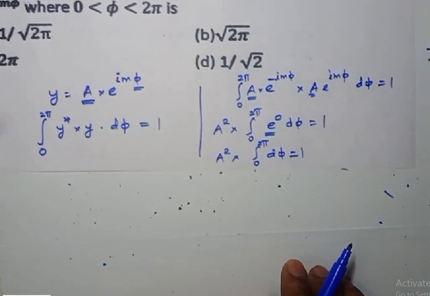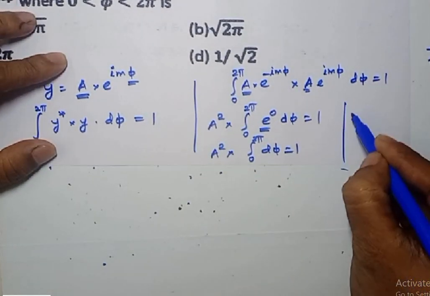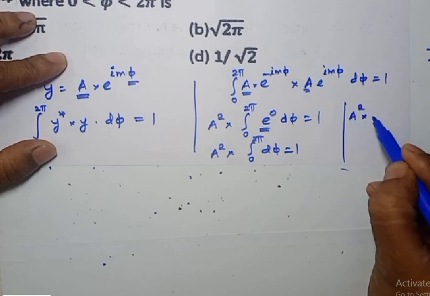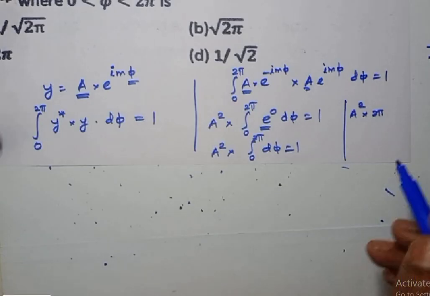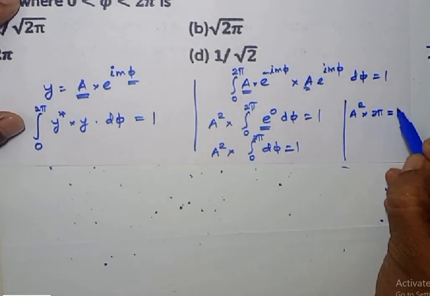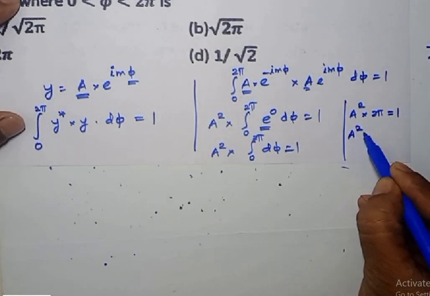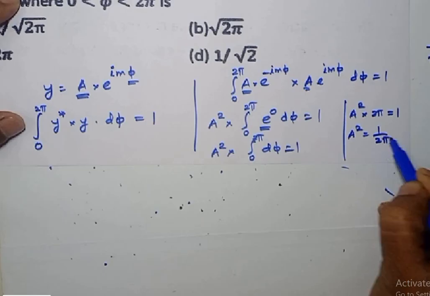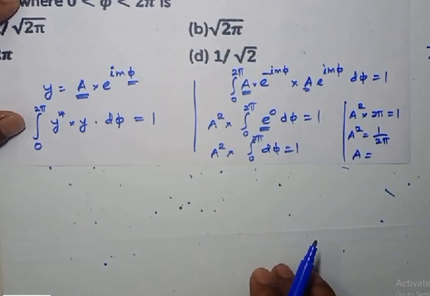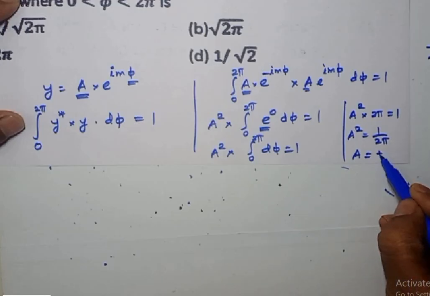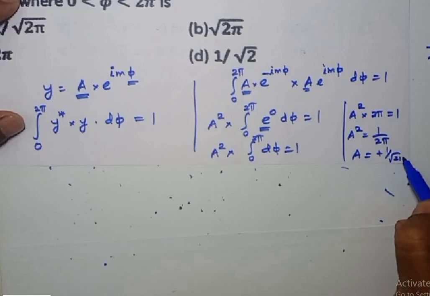If you substitute, let me write here. A square into phi, upper limit 2 pi, so you will get 2 pi. Lower limit is 0, so you need not write. So A square into 2 pi equal to 1, or A square equal to 1 by 2 pi, or A is equal to, actually we should put plus or minus, but by convention we take only the positive value. So plus 1 by square root of 2 pi.